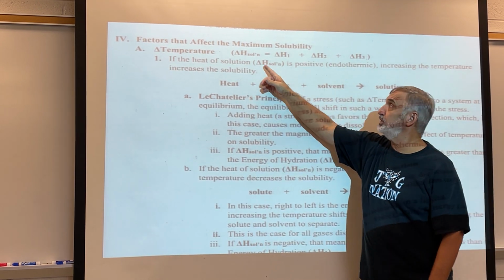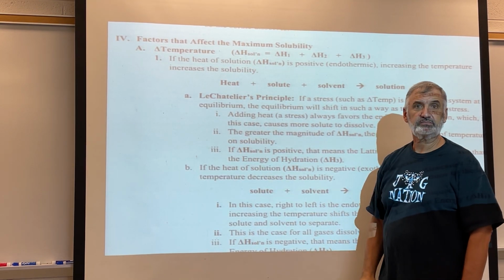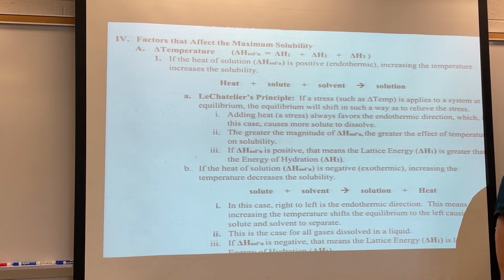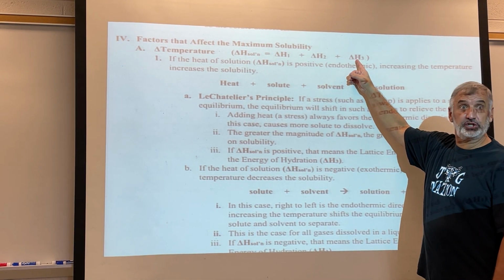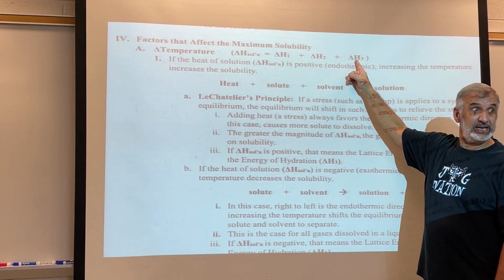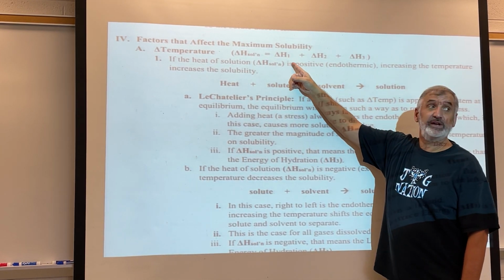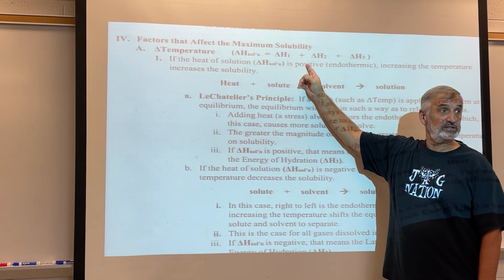So what's going to determine the overall sign of delta H of solution? What's going to determine the sign? Think simple math. H3 relative to H1 plus H2. The magnitude of H3, how big it is, it's negative, versus the magnitude of H1 and H2. These are both positive.